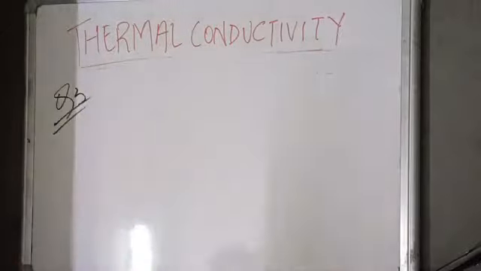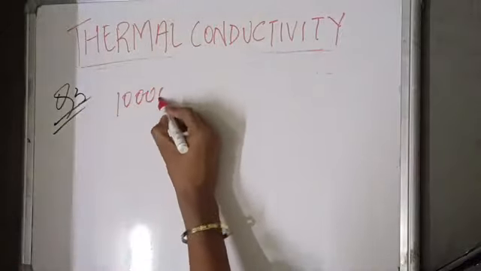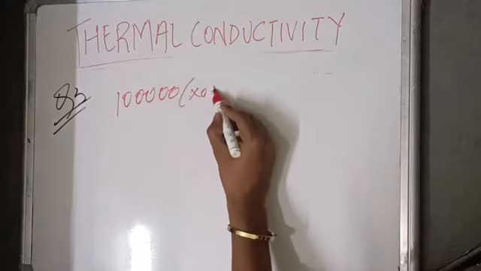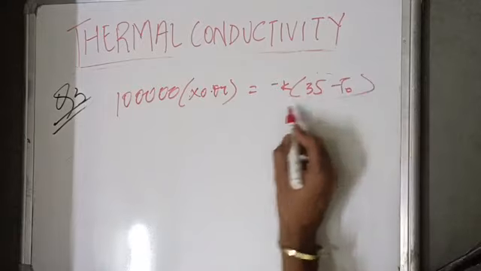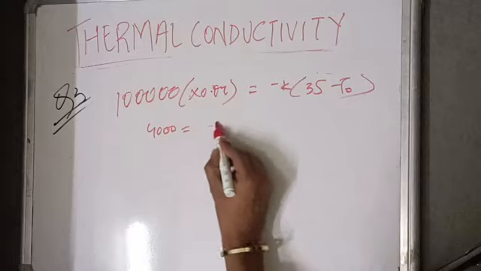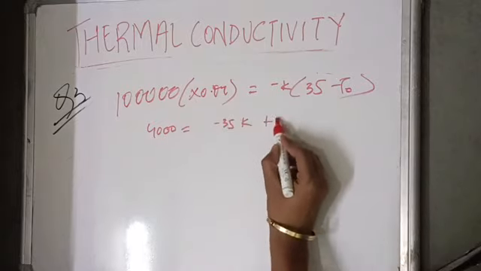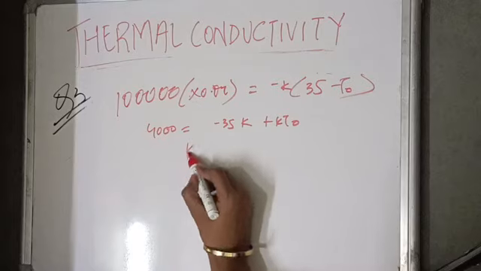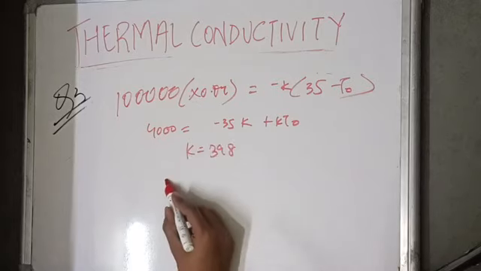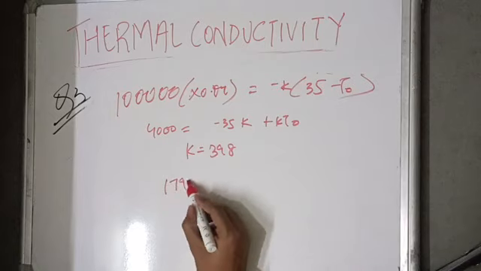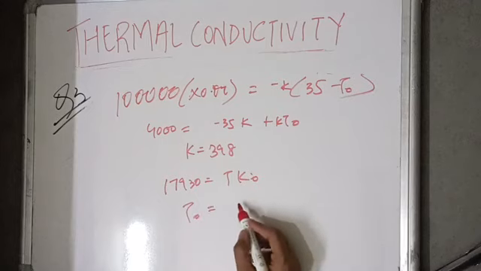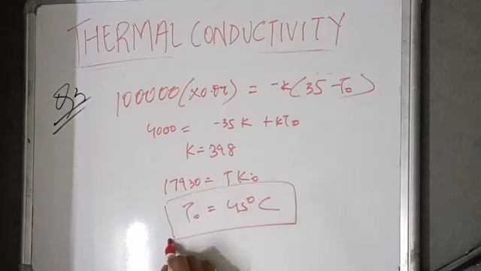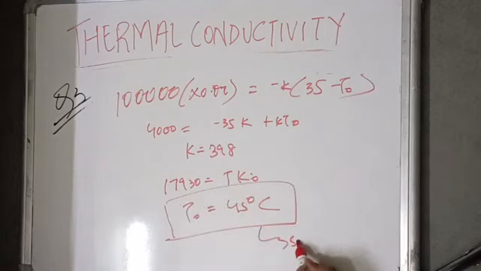After solving we get 4000 minus 35K plus K T naught. From this we get K as 398 and 930 K. Now we know the temperature of the other side of the slab will be 45 degrees centigrade.